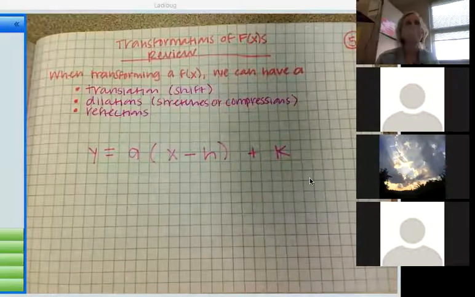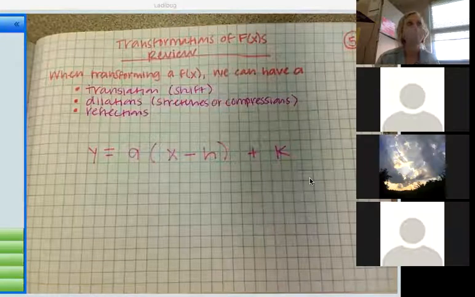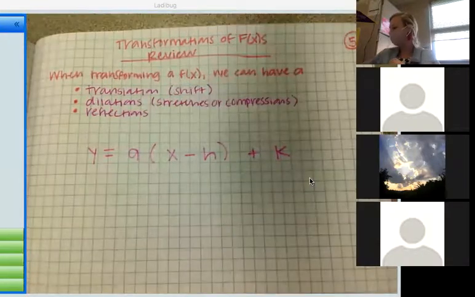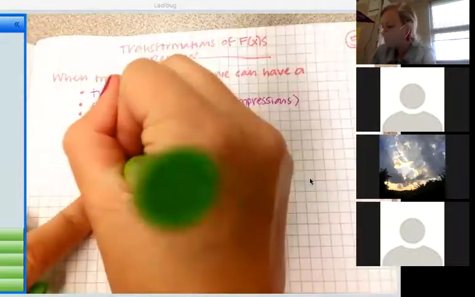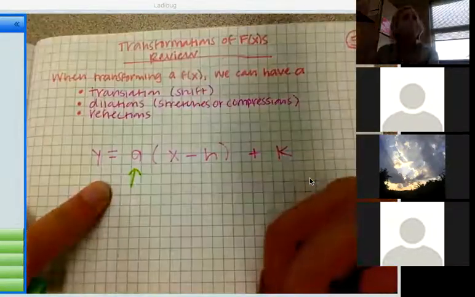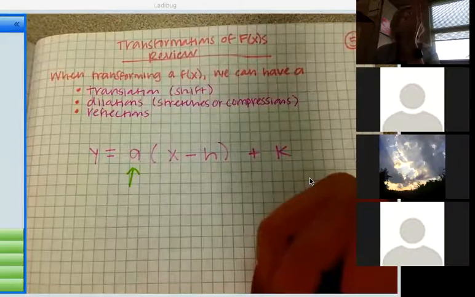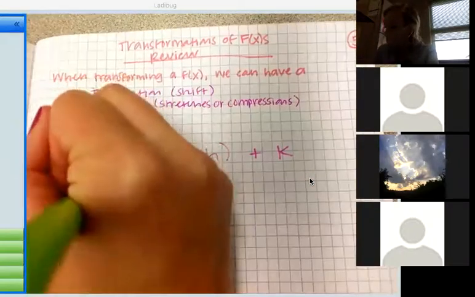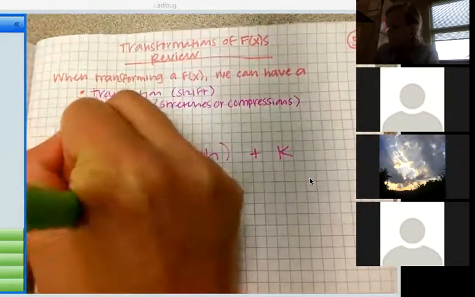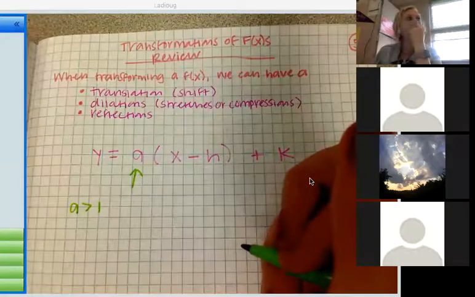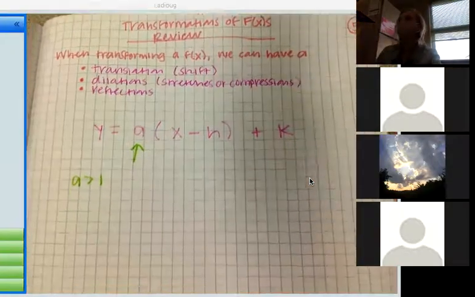What does the A represent? Okay, good. Very good, Brody. Sorry, it took me a second to hear what you said. So your A is your dilation, your stretch, or your compression, right? So when A is bigger than 1, what did we do?